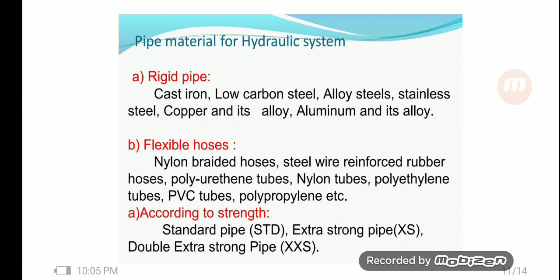Second, extra strong pipes, denoted by XS, and last, double extra strong pipes, which are very strong pipes, denoted by XXS.